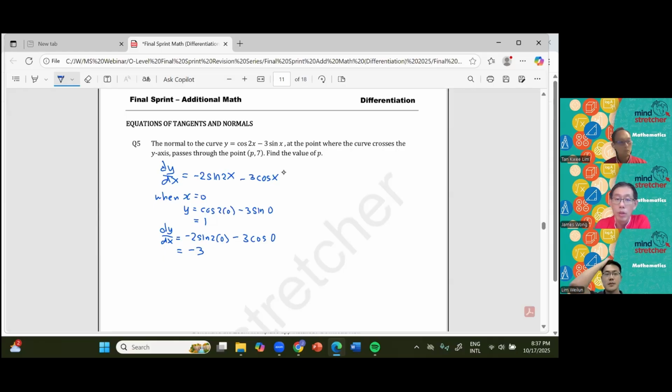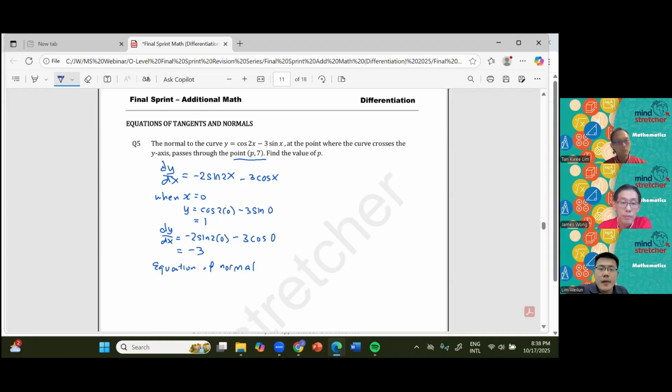So meaning to say my normal will pass through this point. So I will want to know the equation of my normal. This is where we make use of the equation of normal here.